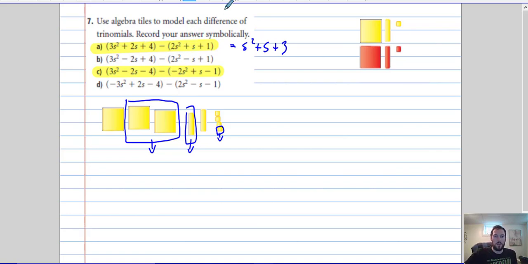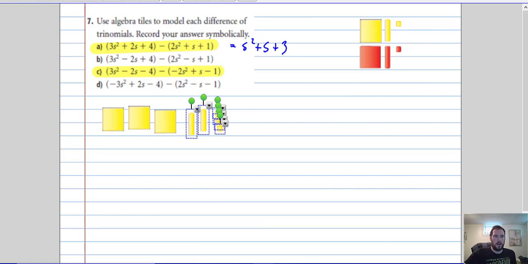If I don't, so let's say I wanted to do question 4 instead. So I have my 3s squared minus 2s, so minus 1, 2s minus 4, 1, 2, 3, and 4, right?